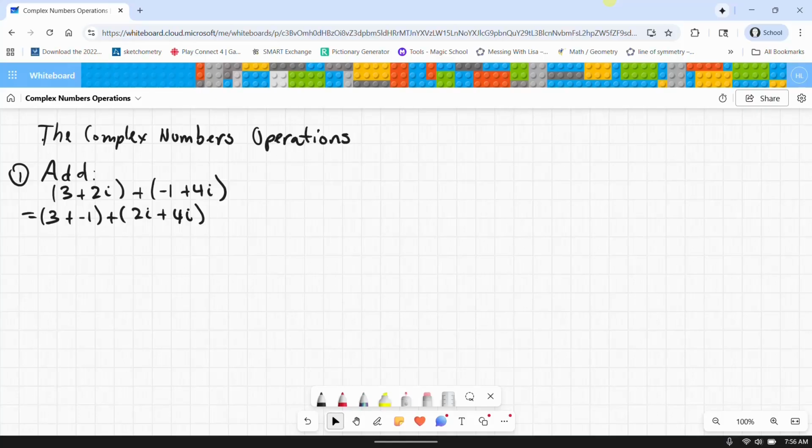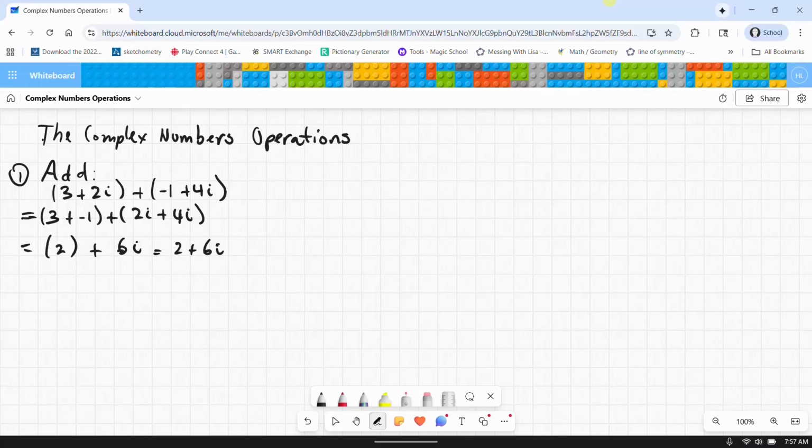So now I group the 3 and the negative 1 together, and then I group the 2i and the plus 4i together. You also want to use brackets to show that this is a group. The answer is just going to be 2 plus 6i.